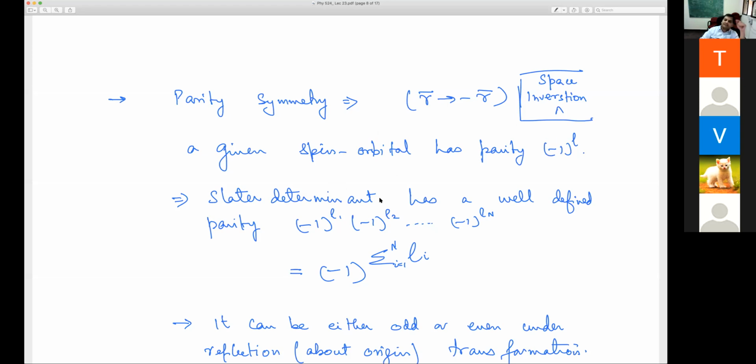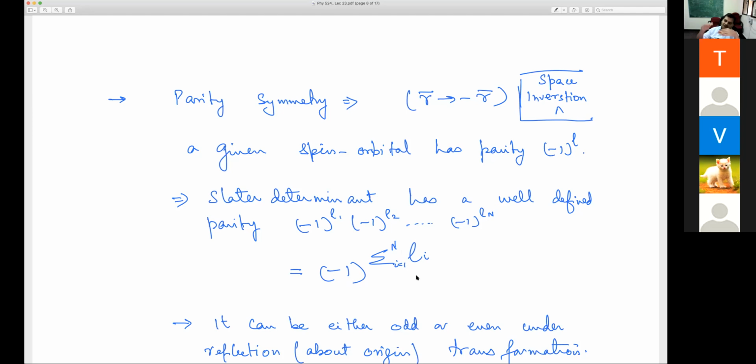And then the Slater determinant, depending on how many electrons we have and which states we are trying to fill, will have a well-defined parity, because it's a product of minus 1 to the power l for one electron, two electrons, three electrons, and all the n states. So minus 1 to the power l1, minus 1 to the power l2, products, which is effectively minus 1 to the power of the sum over li, i going from 1 to n.